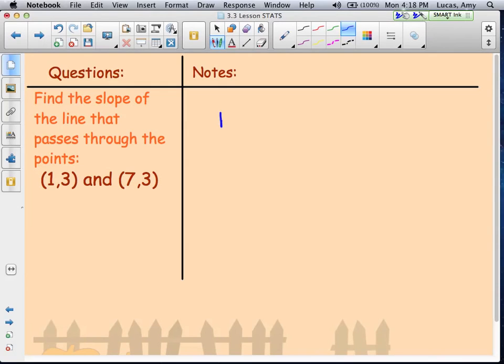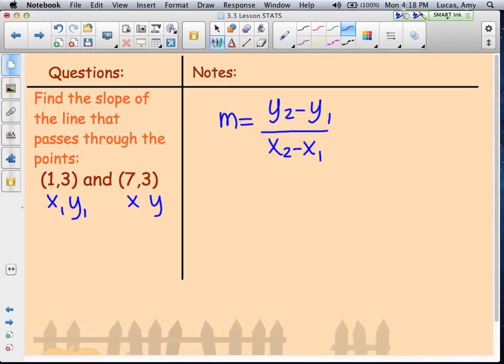Another one. Slope formula again. And label my ordered pairs. XY, first ordered pair. XY, second ordered pair. Okay, when I plug them in this time, something different is going to happen. Y2 is 3, minus Y1 is also 3.